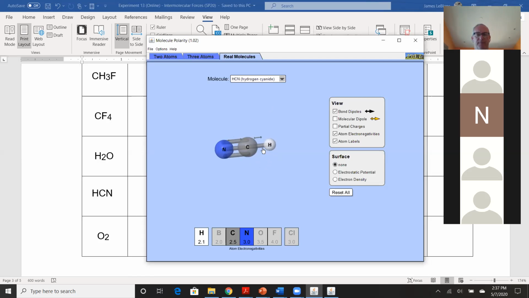Interestingly here, it's sort of pointing toward the hydrogen and toward the nitrogen. We wouldn't expect that, or is it pointing toward the carbon? I can't tell, these arrows are so small. I wish we could blow this up. No, we can't blow it up.